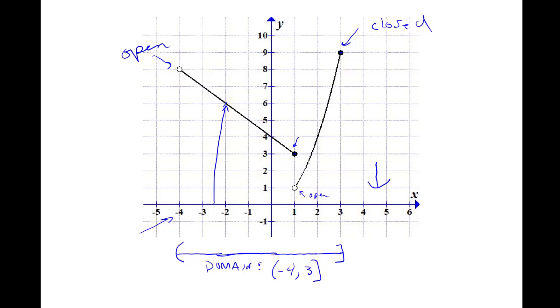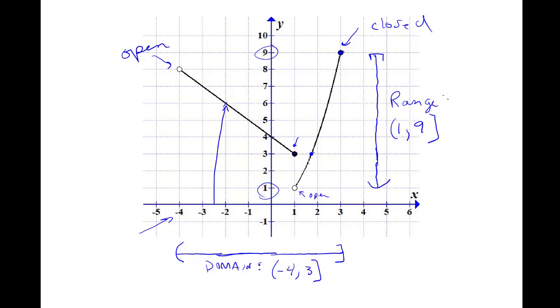As I get to 3, I get the y values twice, but that's okay. And I keep going up, and where's the highest y value I get? It's up at 9. And I do get it because, again, it's closed. So this is really telling me that my range is 1 open to 9 closed.